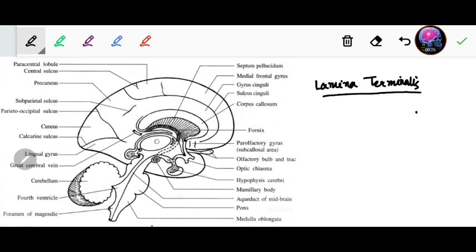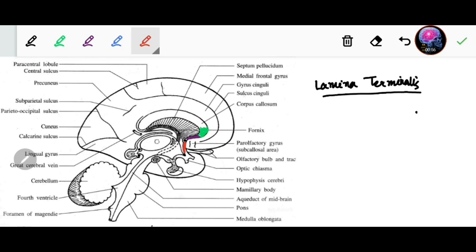The rostrum of the corpus callosum curves backward from the genu. This is the genu of the corpus callosum, and the rostrum curves backward and downward from the genu, and the rostrum is continuous below with the lamina terminalis.